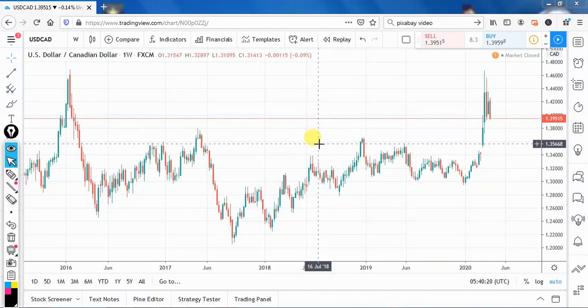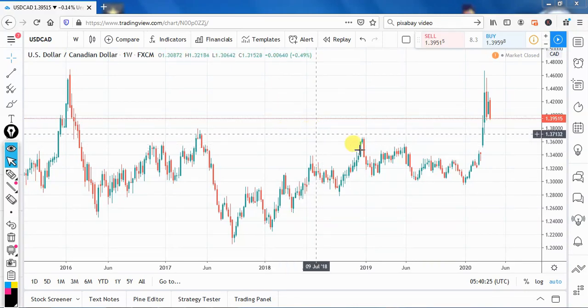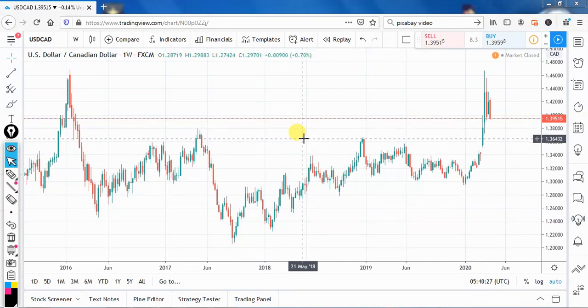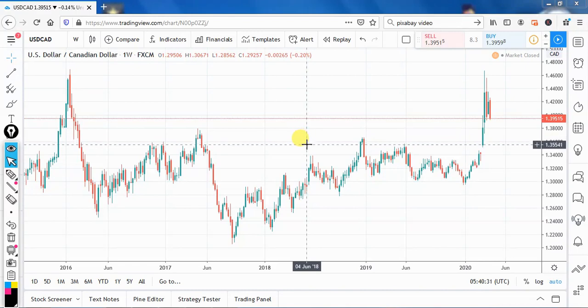So we're looking at another 100 pips down here. These are the two targets: the first one here at the 136.30 zone, and another one further down.